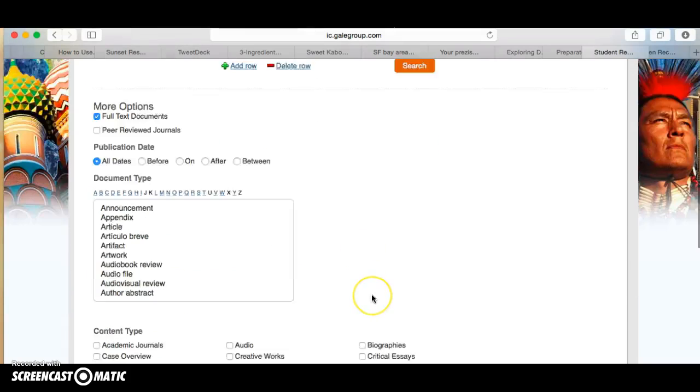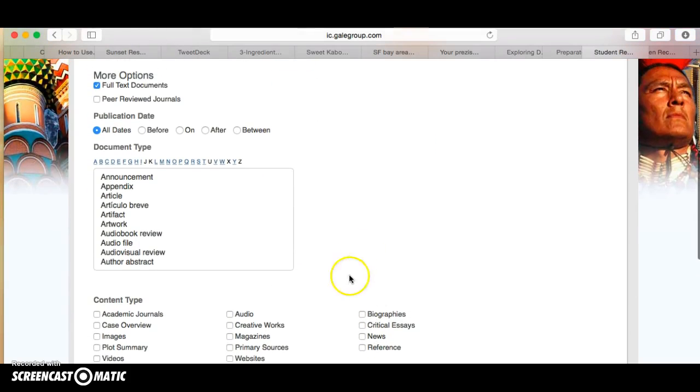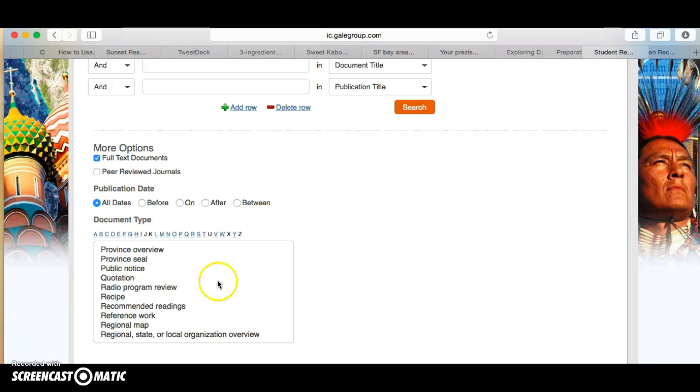You can choose very specific document types. And when I say specific, I mean incredibly specific. There's, let's see, pamphlet, papal document. This one I found entertaining, nightclub review.